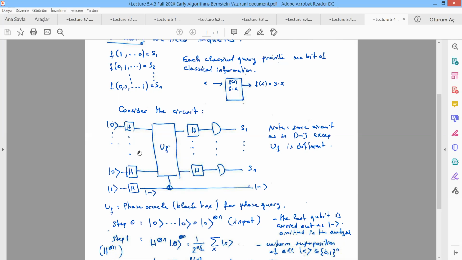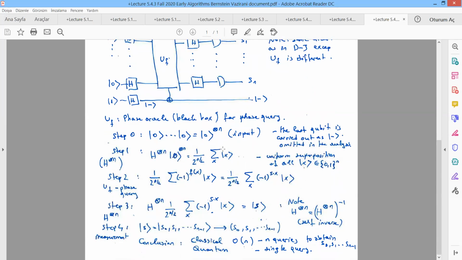We were able to apply all these possible input states, in some sense simultaneously, to this unitary transform and do a simultaneous measurement. That resulted in an n-fold speedup with respect to the best known classical algorithm.